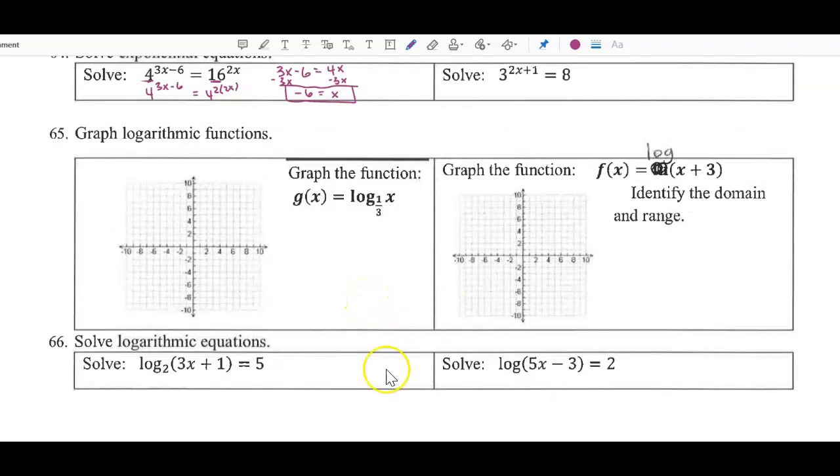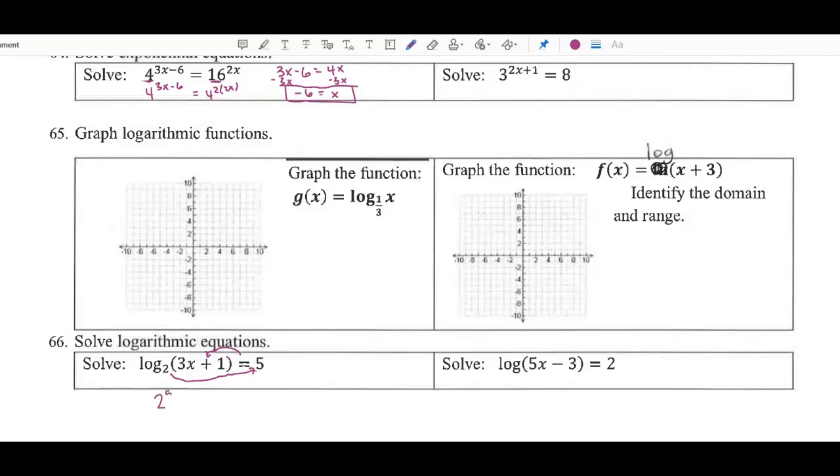All right, I'm going to skip graphing the logs, but I do want to end this review with just solving the log functions. So remember, when we're solving log functions, we're going to take our base, raise it to that power, and put it equal to that argument, the stuff that's inside the parentheses there.